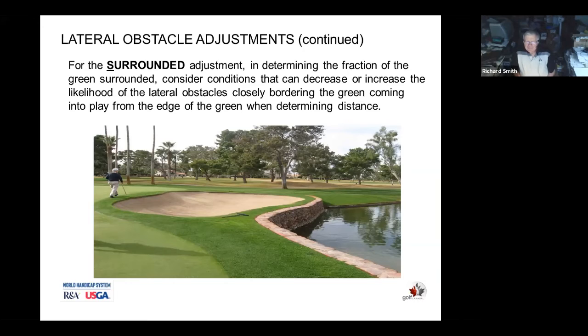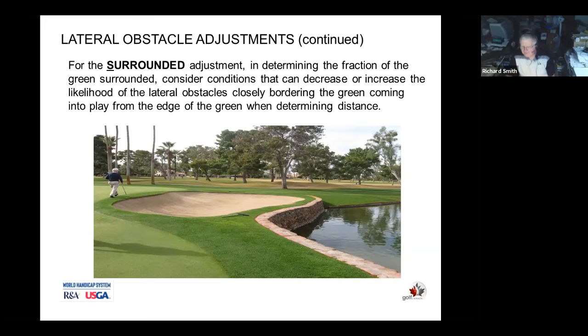Continuing on, for that surrounded adjustment, in determining the fraction of the green surrounded, consider conditions that can decrease or increase the likelihood of the lateral obstacles coming into play.